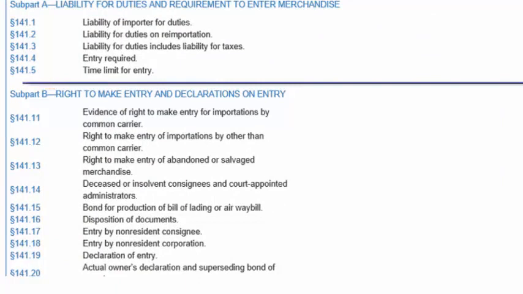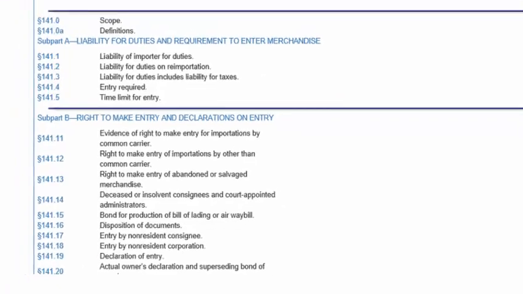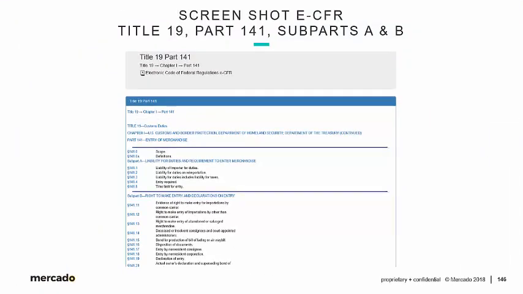These are subjects we will be talking about in greater detail with our upcoming examples, but things like evidence of right to make entry for importations by common carrier, bond for production of bill of lading or airway bill, disposition of documents, declaration of entry, and down the list goes. Once again, providing some structure and some direction on A, where to find this stuff, and B, how it's set up so we can use it to the best of our ability.